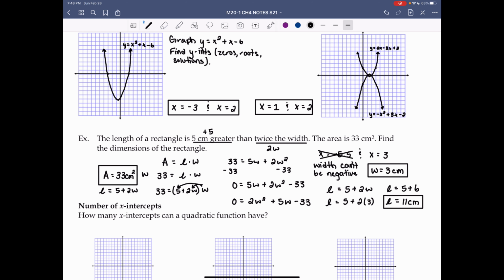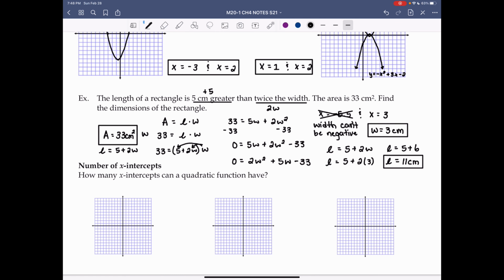Number of x-intercepts. How many x-intercepts can a quadratic function have? Well, we've seen above that we can have 2 x-intercepts, which could look like this if the parabola is opening up. Or we could have a parabola opening down with 2 x-intercepts.